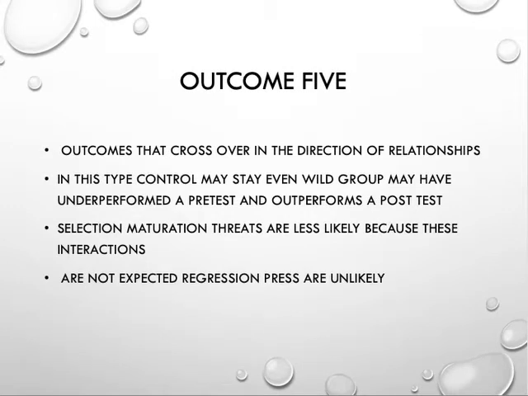Outcome 5, outcomes that cross over in the direction of relationships. In this type of outcome, the control may stay even, so we have the control going like this. And then we had the experimental group go like this.